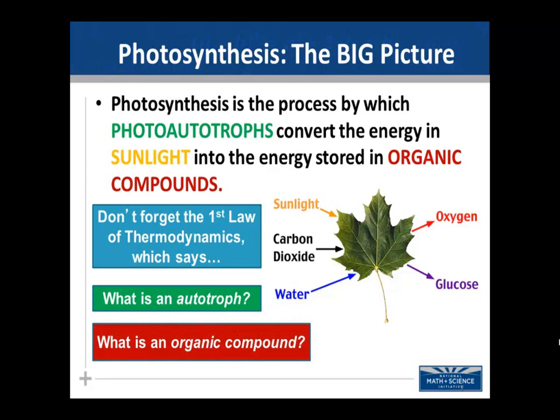And then what is an organic compound? We're talking about photoautotrophs converting the energy in sunlight into organic compounds. Glucose is an example of an organic compound, but an organic compound is one that contains both carbon and hydrogen. So methane, CH4, would be an organic compound.